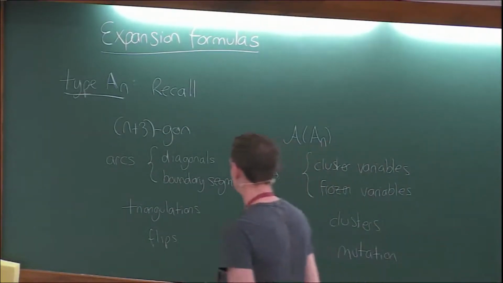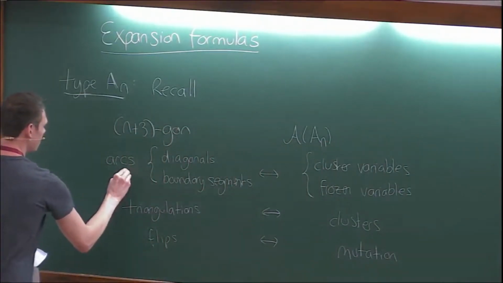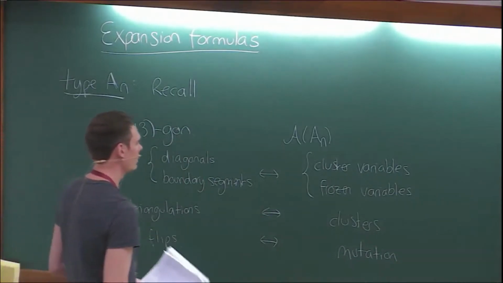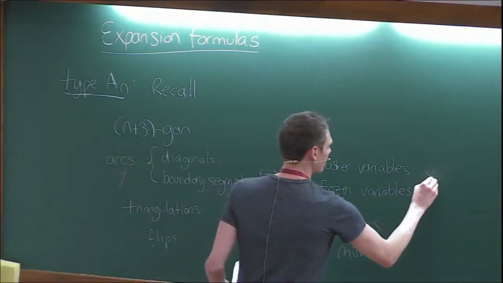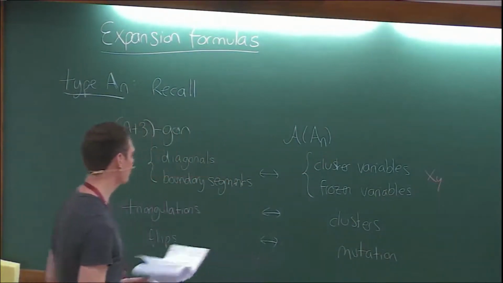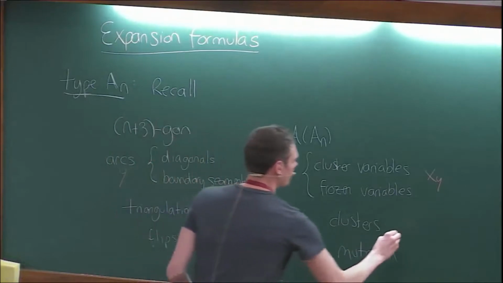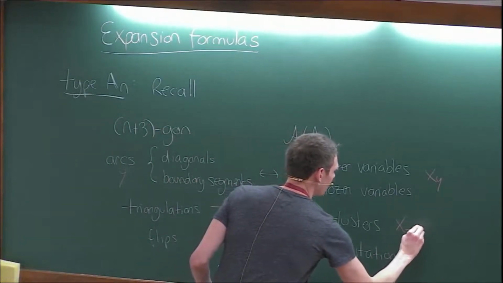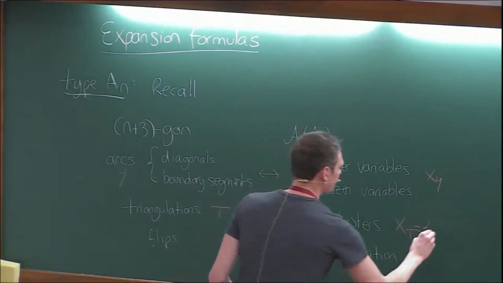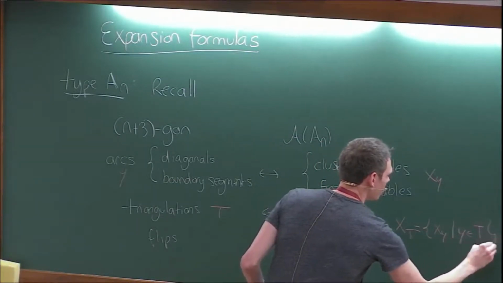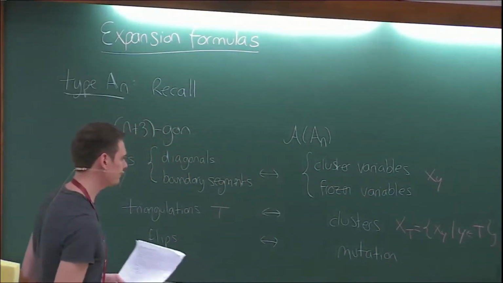Okay, and so just to fix some terminology, our arcs, if we say it is gamma, will correspond to some variable x of gamma. Some triangulation T will correspond then to x of gamma, while gamma runs over all arcs in our triangulation.